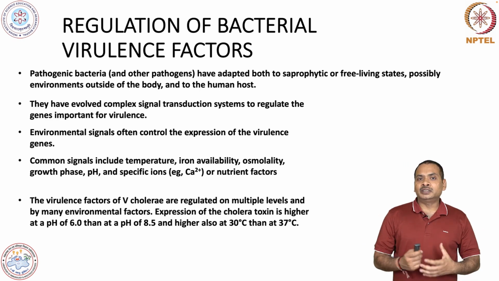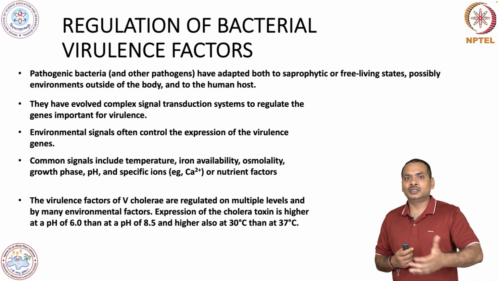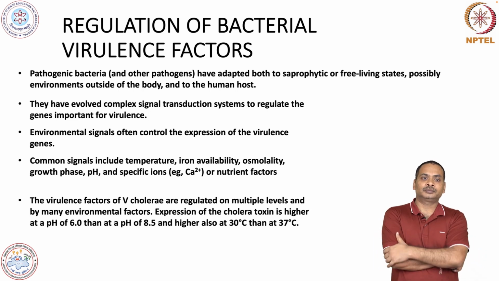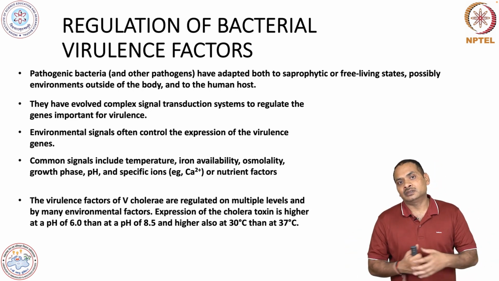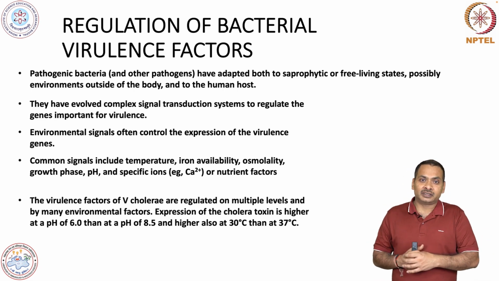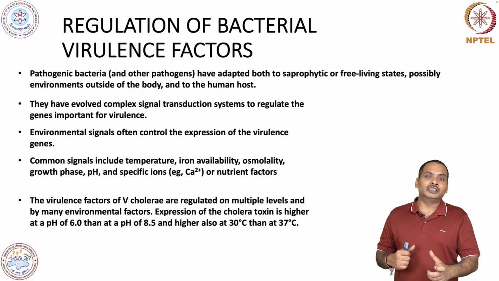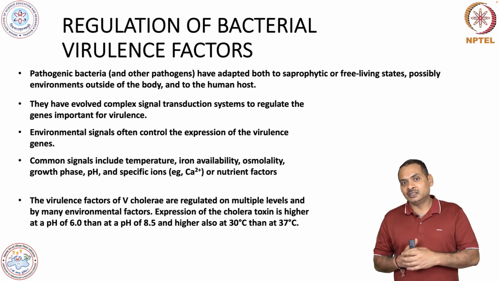So these are the trigger points for expression of virulence factors. For different pathogens there could be several things. It could be more complex, it could be multiple factors, for example pH, nutrient, osmolarity, and so on.